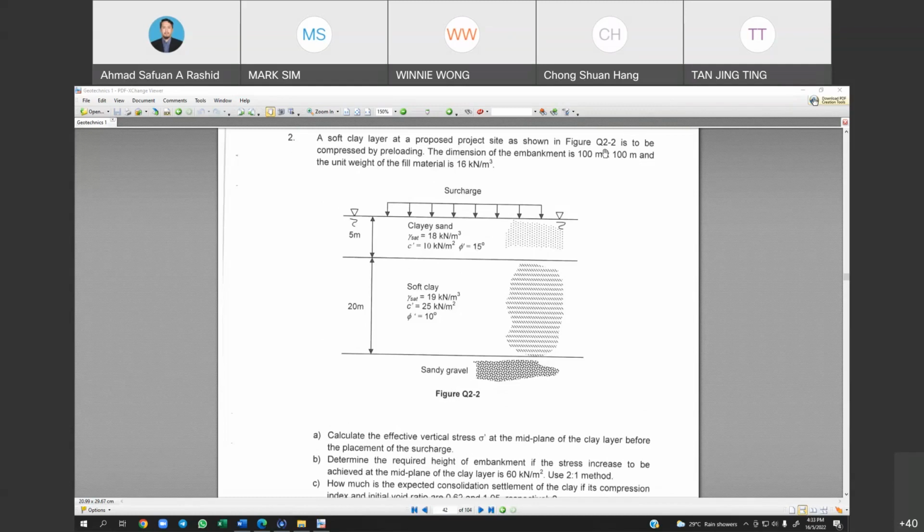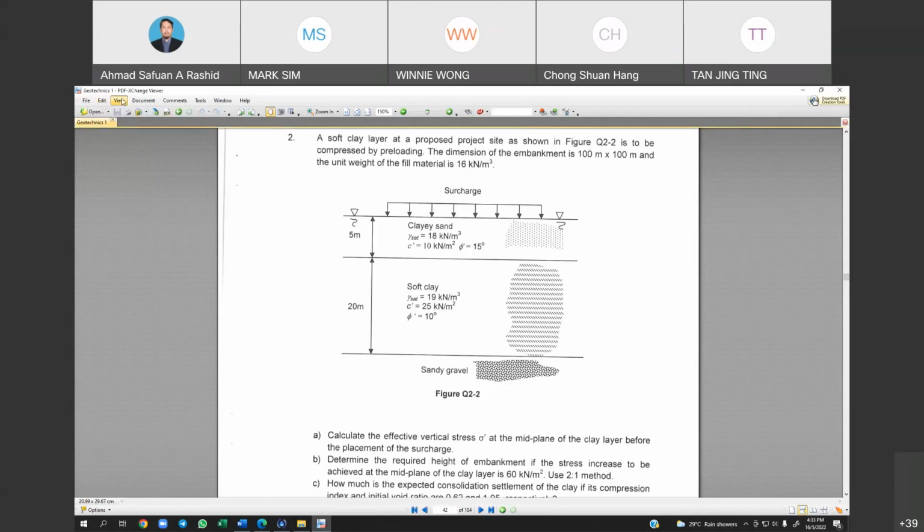We only know the area of the surcharge, which is 100 meter times 100 meter. By using the 2 to 1 method, at the midplane area, the pressure is around 60 kilonewton per meter square.